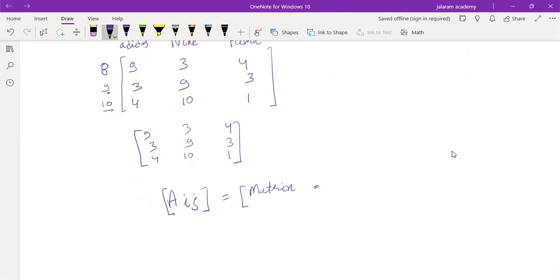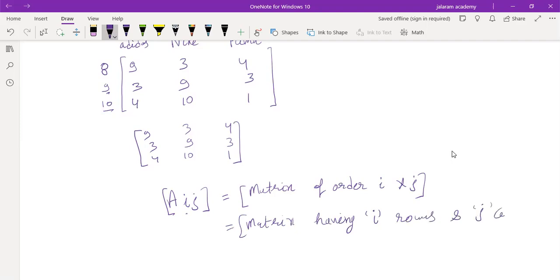Matrix of order I cross J means a matrix having I rows and J columns.